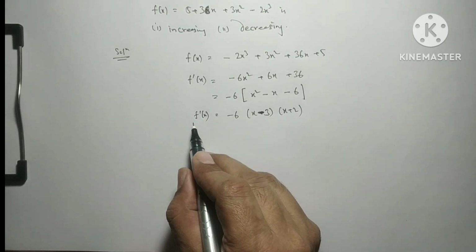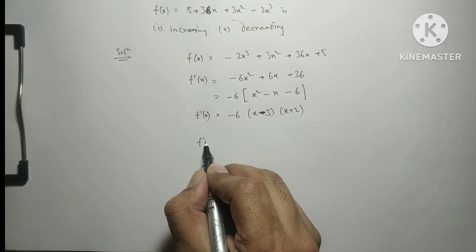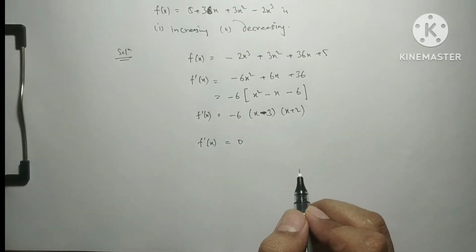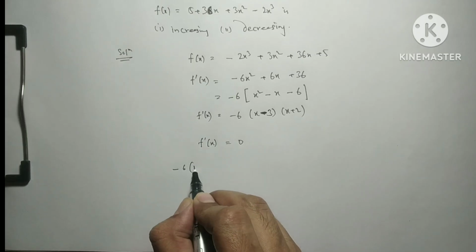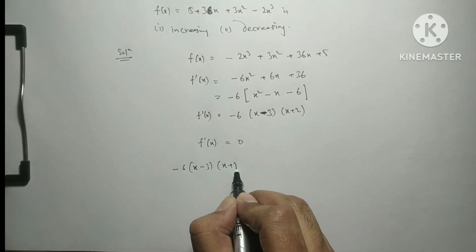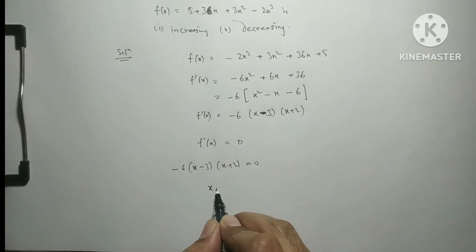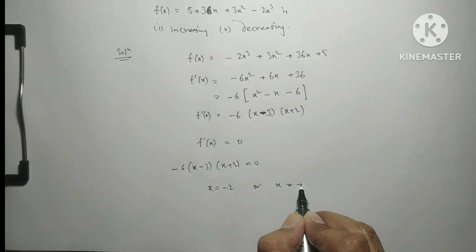So this is f dash x. We put this first derivative equal to 0 for getting the values of x. It means minus 6 into x minus 3 and x plus 2 equals 0. So we obtain x is minus 2 or x is plus 3.